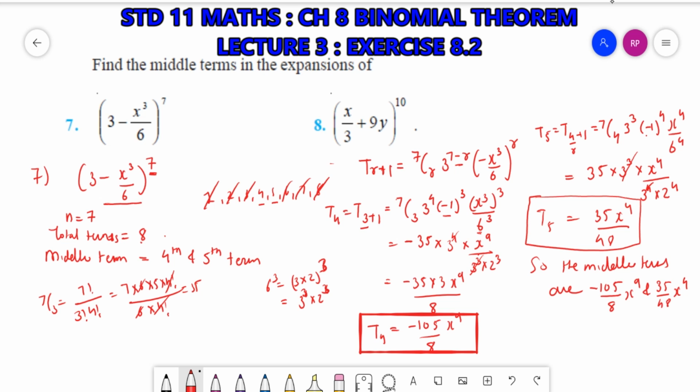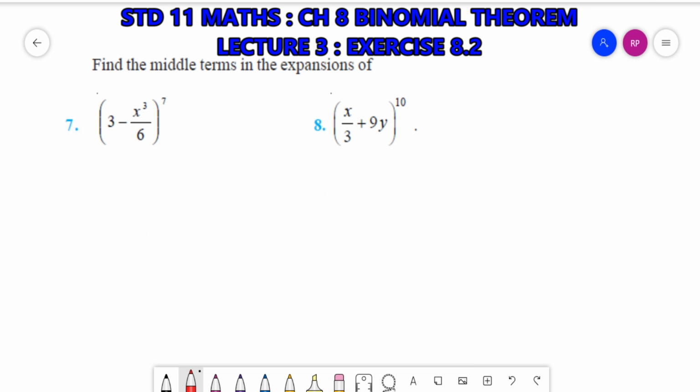So just note it down. Now let's move to the next, that is question number 8. (x by 3 plus 9y) whole raised to 10.